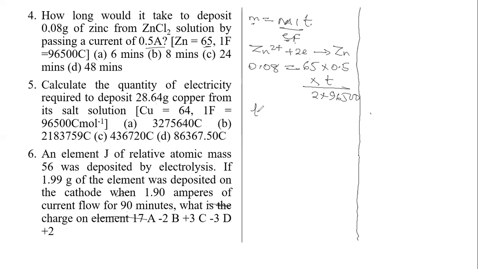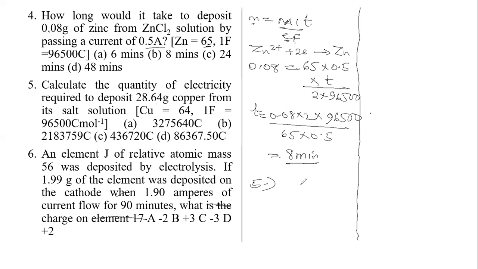So you're going to have T to be 0.08 times 2 times 96,500 coulombs divided by 65 times 0.5. And that's going to give you approximately 8 minutes. The answer you get will be in seconds, then you convert it to minutes by dividing by 60.